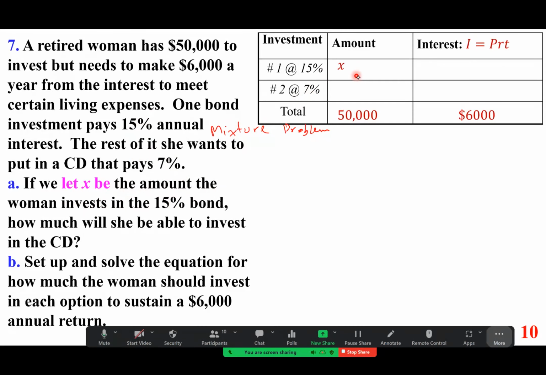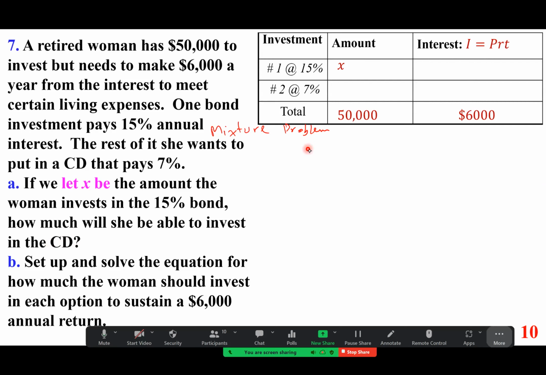If they didn't tell us, you can use a different variable or just put the X here and figure out what's going on. So how much will she be able to invest in the CD and so on and so forth? Let's just go through the process and solve it.